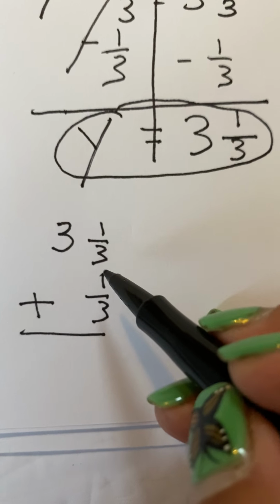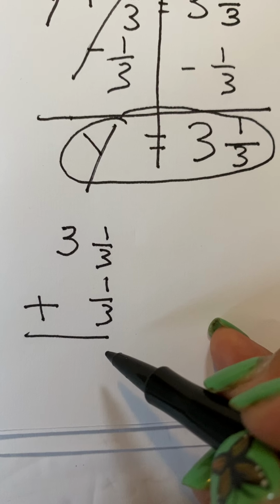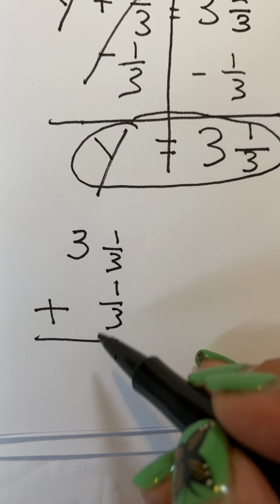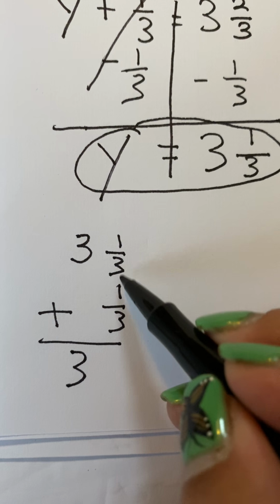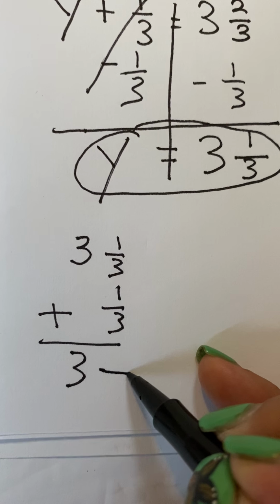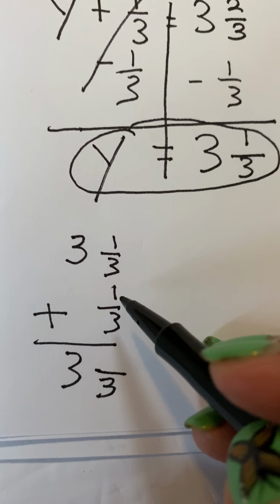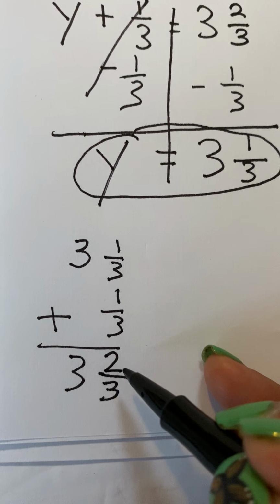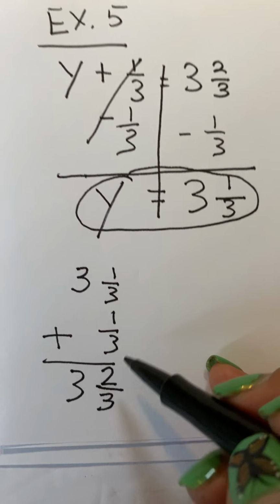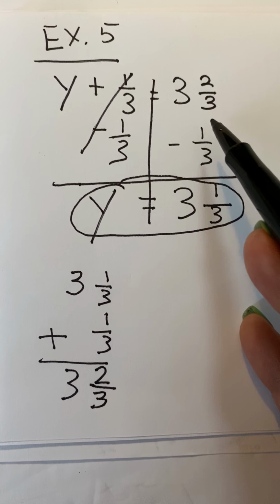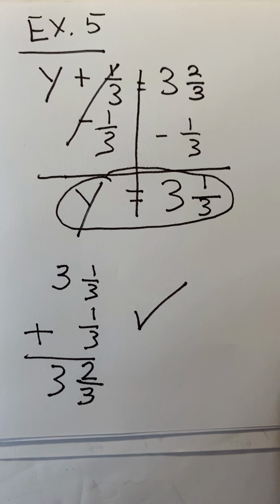The whole numbers, look at the common denominators for the fraction part, and yes, they're the same. So we're ready to go. 3 plus nothing is 3, and then 1/3 and 1/3. The common denominator is 3, and now we can add the numerators. 1 plus 1 is 2. So it's 3 2/3. 3 1/3 plus 1/3 is 3 2/3, and that is true because that's what it was up there. So this is how you check your work.